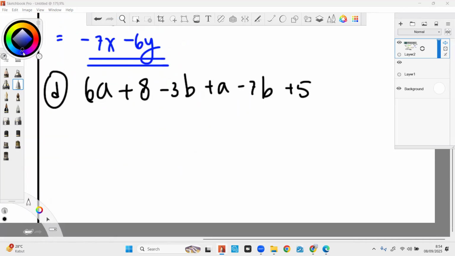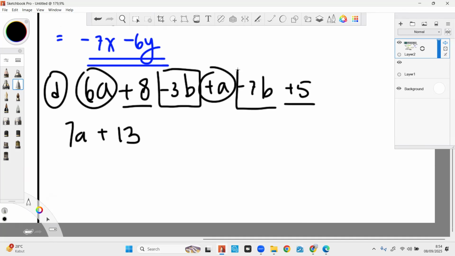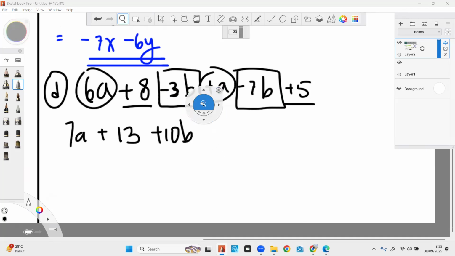So one by one. 6a plus a, 7a. 8 plus 5, 13. Now negative 3b minus 7b. What is negative 3b minus 7b? Negative 10b.